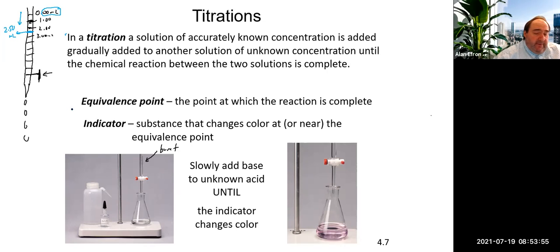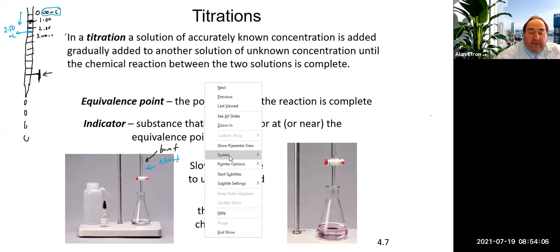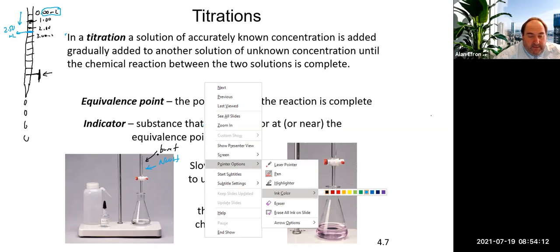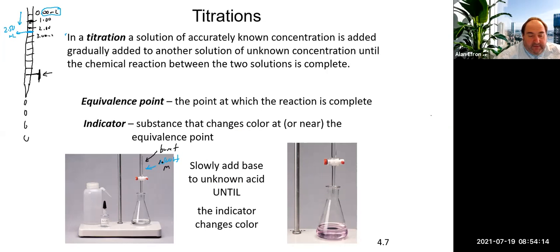So for example, if we have a solution that's up here, and let's just say it was a sodium hydroxide solution, and we know the molarity of it. And say down here we had some type of unknown acid.